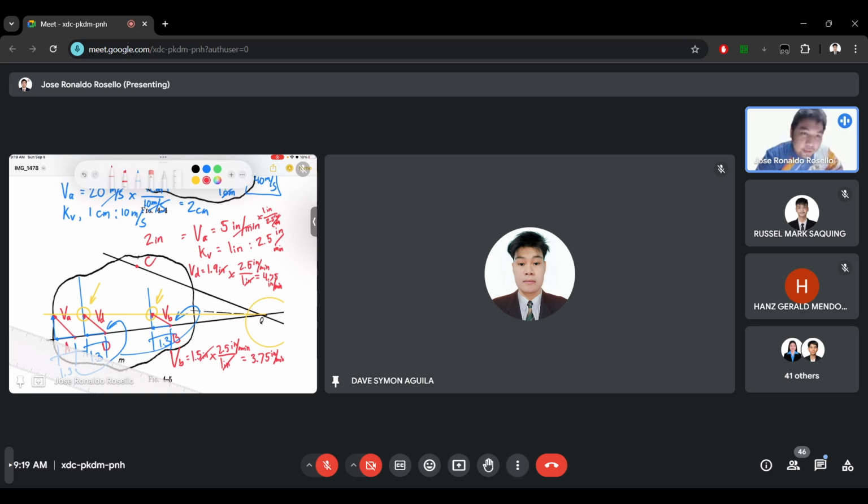Then, to determine velocity C, we have to project point C going to the line ADB. What do I mean? We can see that point C has its pivot also at Q, meaning point C is related to points A, D, and B. I will repeat.